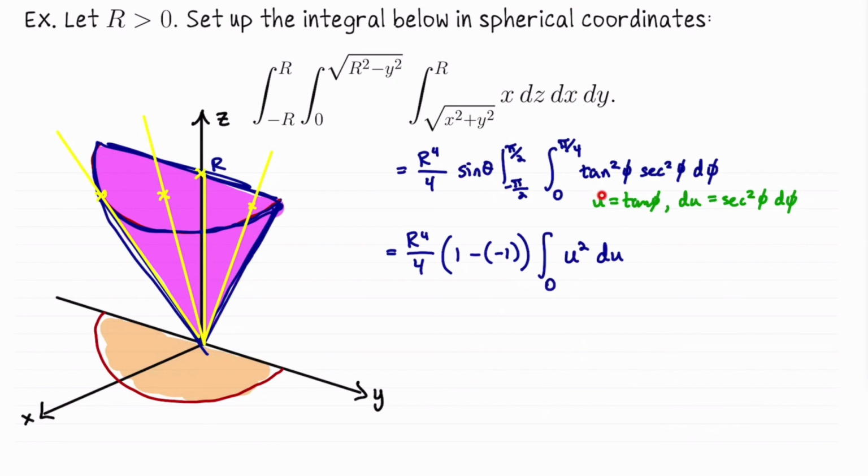And when phi is pi over 4, u is tangent of pi over 4, which is 1. So we'll have r to the 4th divided by 4 times 2 times 1/3 u cubed, evaluated at 0 and 1. So overall, looks like r to the 4th divided by 6.